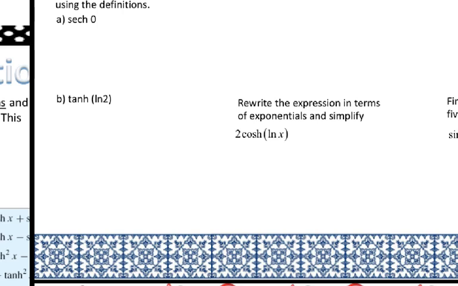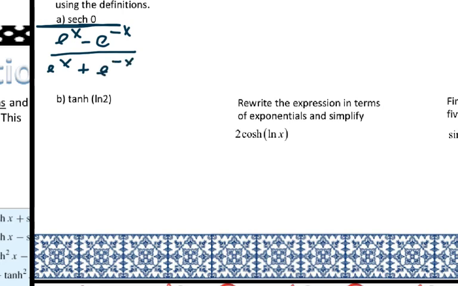That would be e to the x minus e to the negative x over e to the x plus e to the negative x.